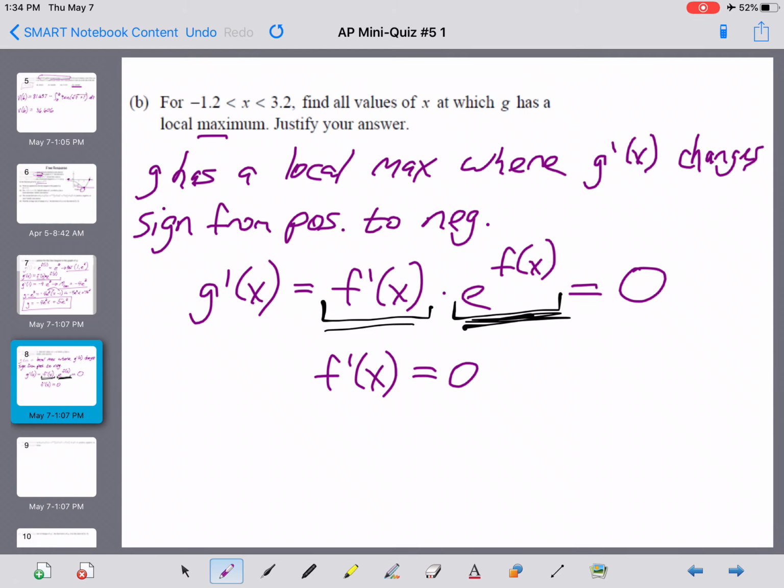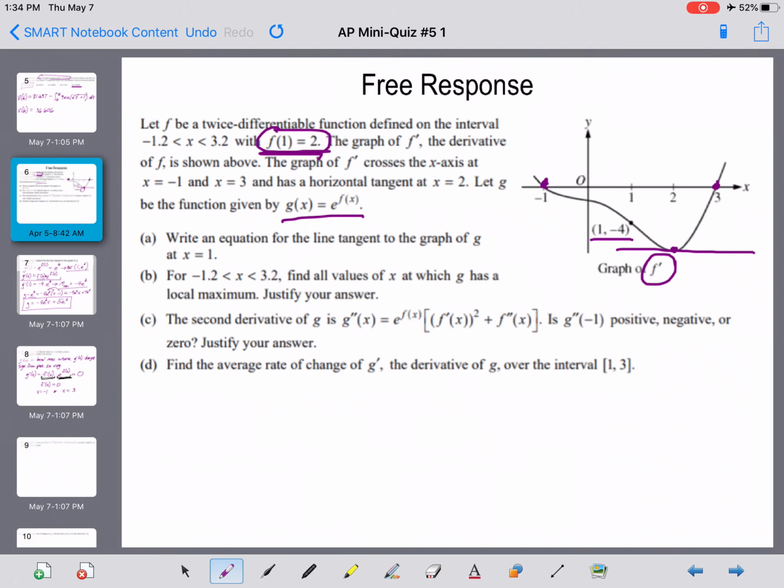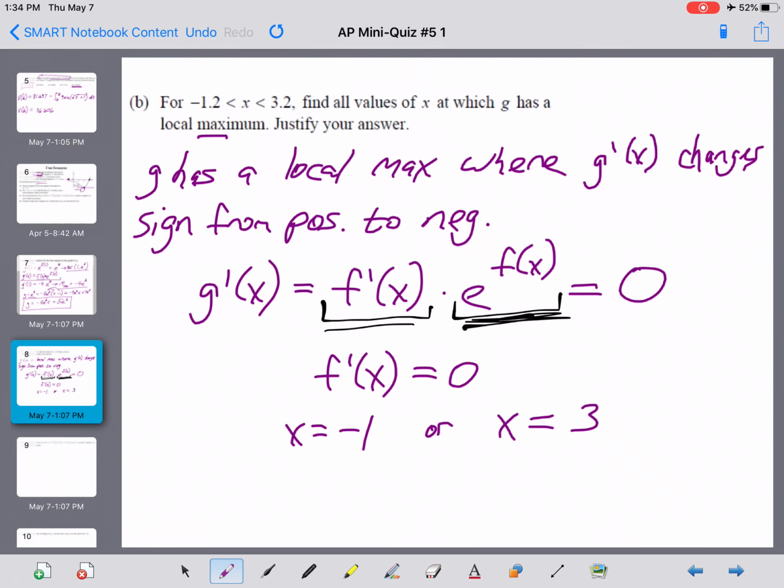So that happens at x equals negative 1 or at x equals positive 3. Okay, so these become the two spots right here, everybody, where this function has the potential for a local maximum.